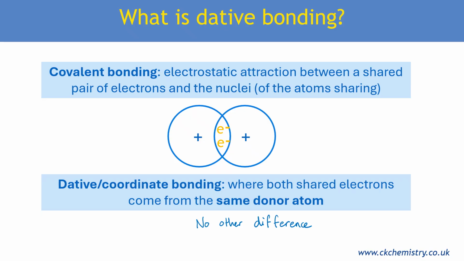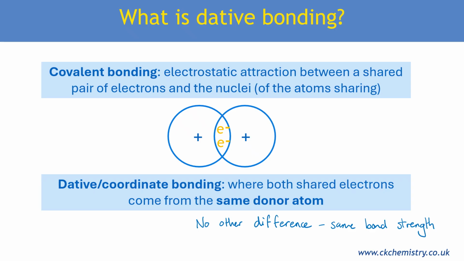If you have the same two atoms, like nitrogen and hydrogen, sharing a pair of electrons, you will have the same bond strength, because that is determined simply by the electrostatic attraction, and the electrostatic attraction is determined by what the two nuclei are and how far apart they are.